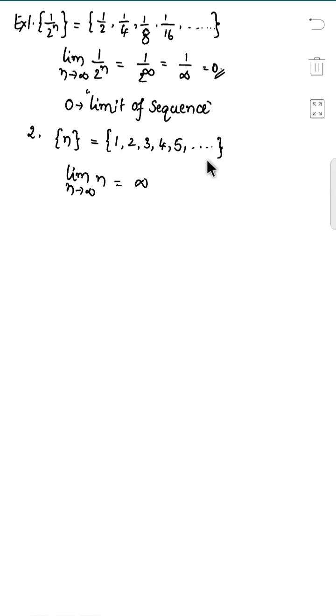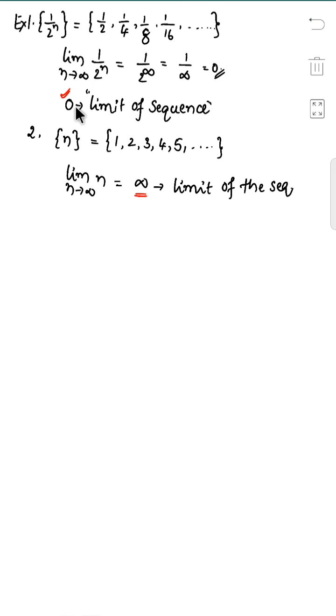So the sequence is approaching infinity. This is also the limit of the sequence. See here, you obtain a finite limit here, but you are obtaining an infinite limit here.